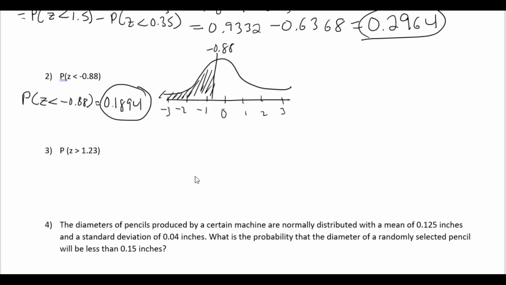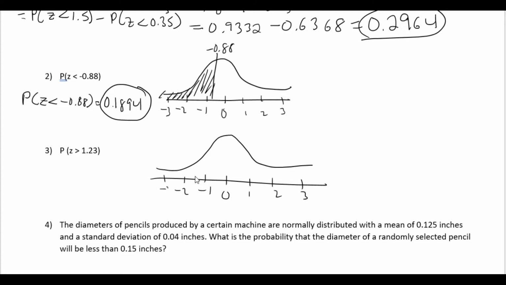So now we want the probability that it's greater than 1.23. So again, same thing here. So 1.23 is around here. We want to shade to the right. We want greater than. So since the table gives us the left side, we need to subtract it from 1 because this whole thing adds up to 1. So we need 1 minus the probability that it's less than 1.23. Then look it up on the table.